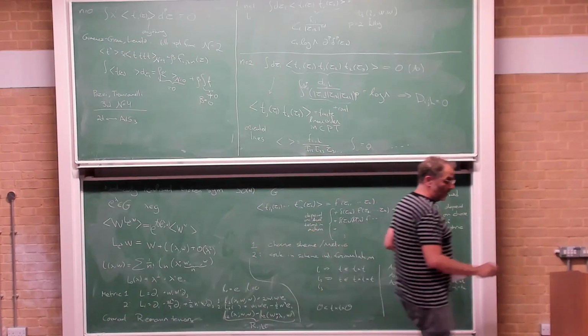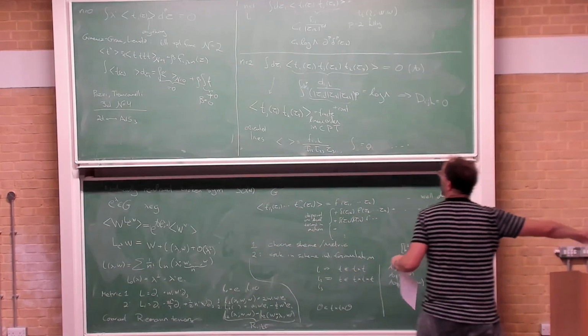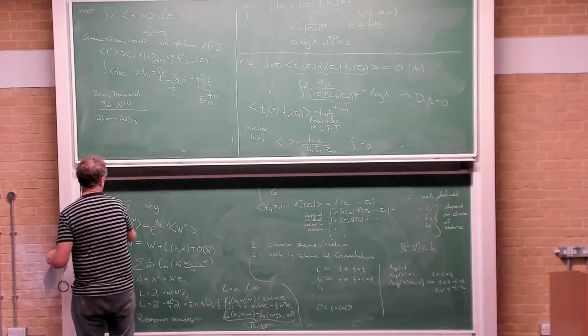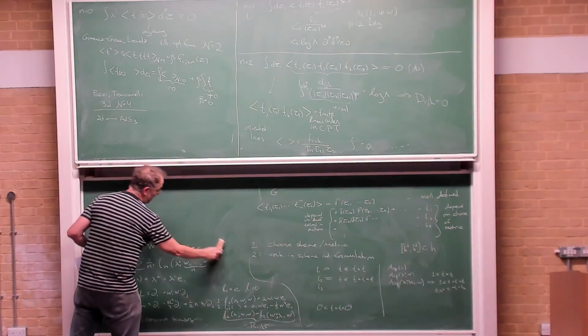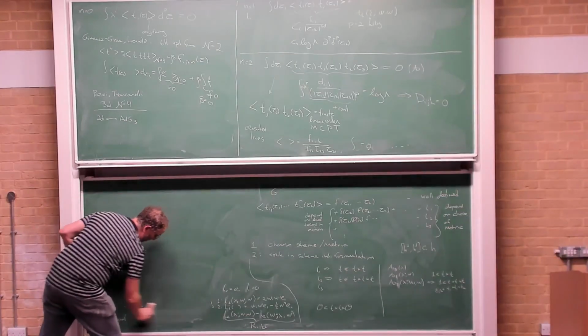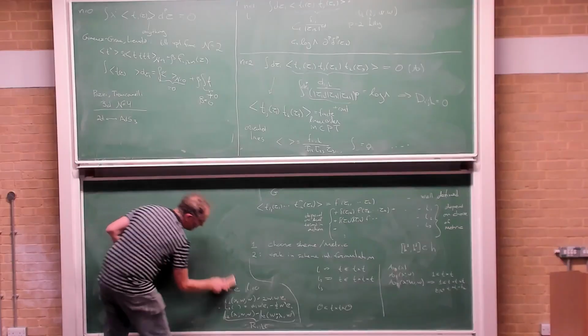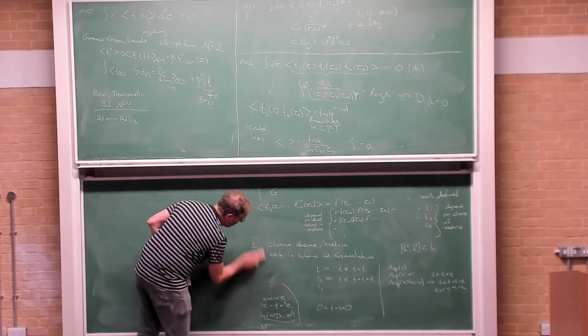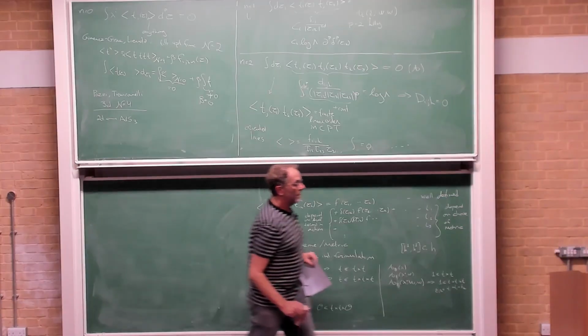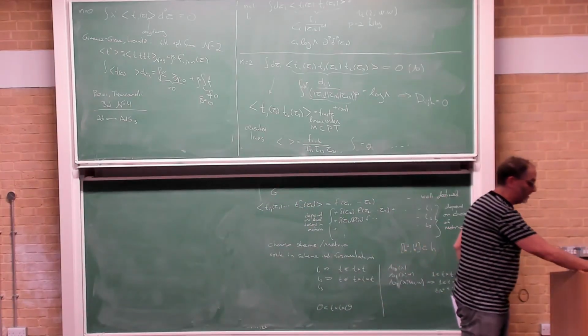So in order to have this term, you cannot have the O(n) broken to O(n-1), because you need this kind of structure constants f_ijk. So the simplest case is when you break SU(2) completely.